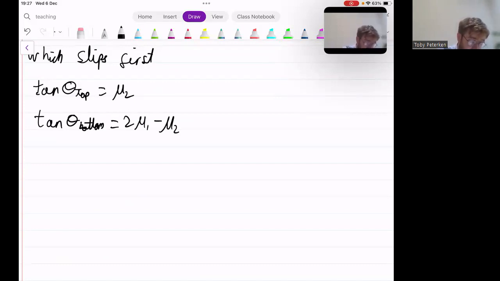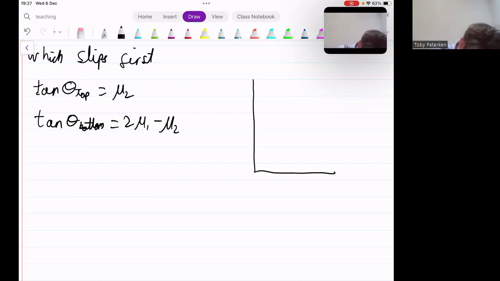Then, in order to work out which of these angles is bigger, we don't know any numbers. If I told you mu1 and mu2, you could just put this in and see. But I haven't told you any numbers. And so we're going to have to use our understanding or our knowledge of the tan graph to deduce which this is.